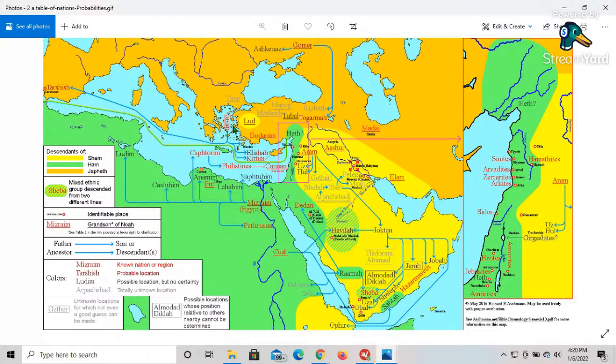Javan is the known ancient civilization of the Sea People, and his sons are Tarshish, Elisha, Kittim, and Dodanim. These are the sons of Javan.